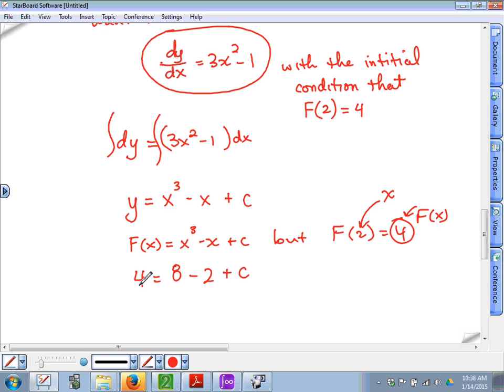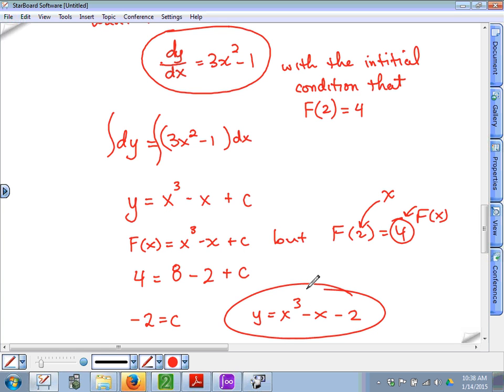If you subtract 6 from 4, you get negative 2 is equal to c. So the particular solution is y equals x to the third minus x minus 2. That's the particular solution.